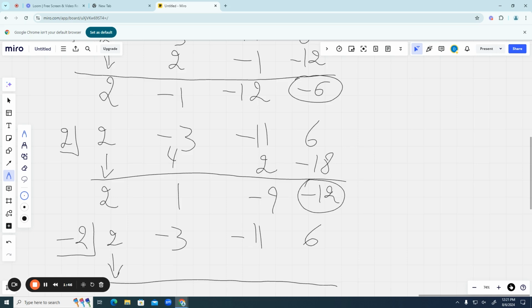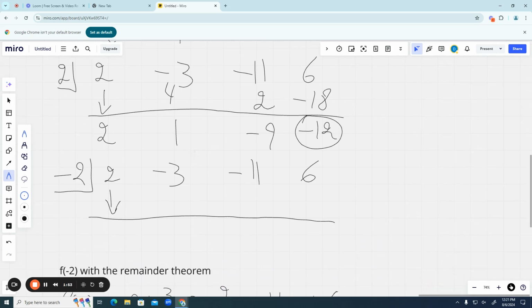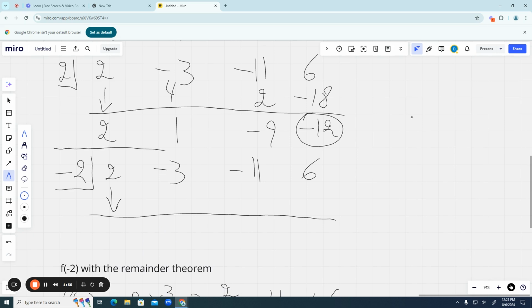So now we're going to do minus 2. And notice that 1 and 2 gave us negative numbers. I'm going to draw a line here just to separate this. Let's see if minus 2 gives us a positive number as we expect. That's just a little strategy to see where you're going with things. So we bring our 2 down.